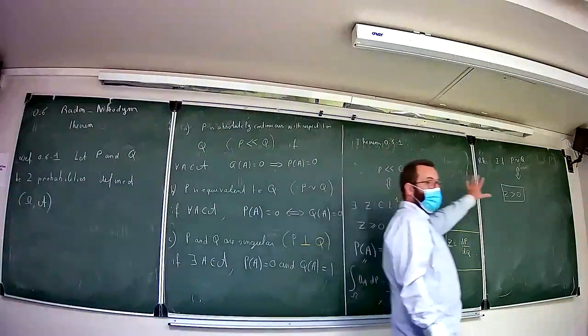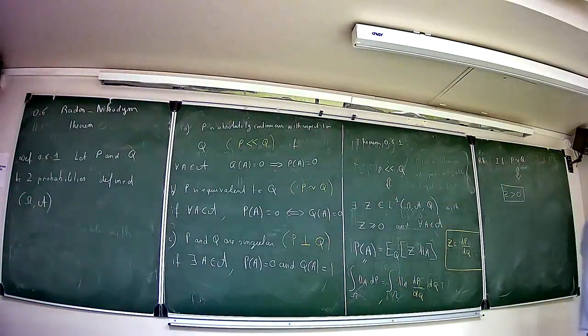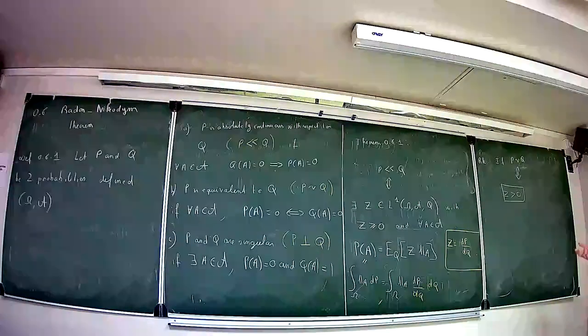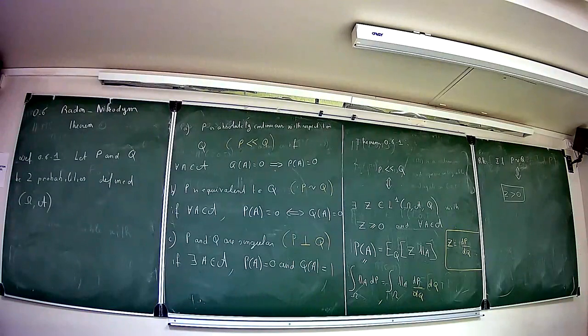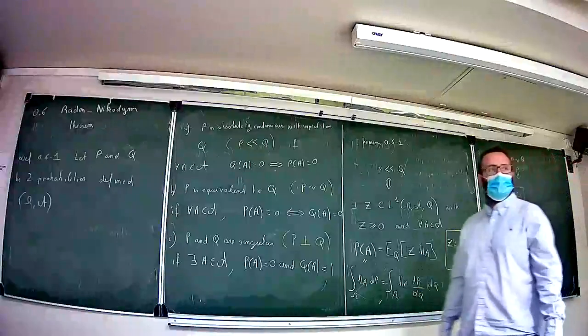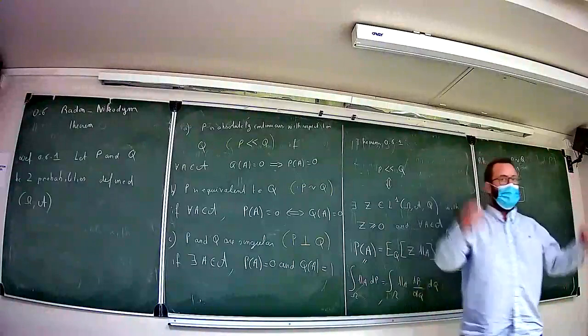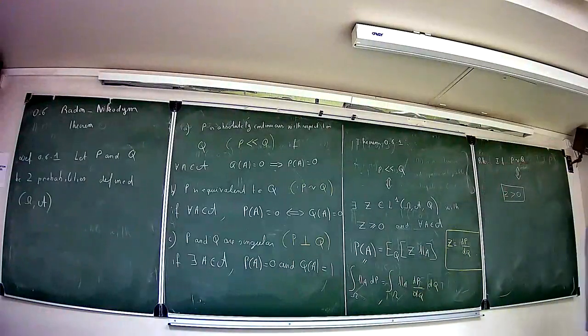I don't want you to know more under this topic, and you will see that in mathematical finance, I don't know if someone followed the course of arbitrage with me. No? Excuse me, with the mask it's complicated to recognize.